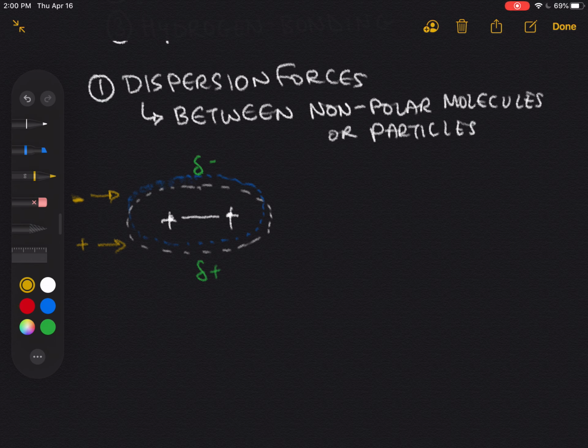This is due to dispersion of that electron cloud, and that's why it's called dispersion forces. It's short-lived, it's temporary, and it's not very strong. It's a pretty weak interaction. But what happens is you get some of these molecules with these temporary shifts next to each other, and they kind of hold together a little bit.